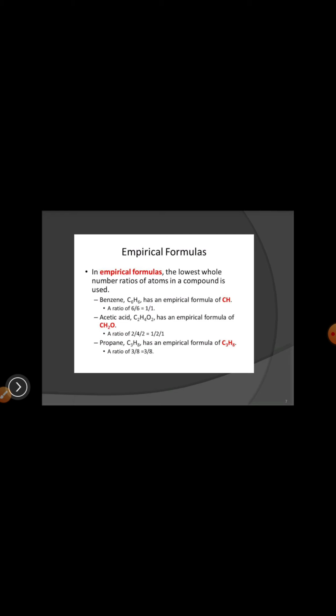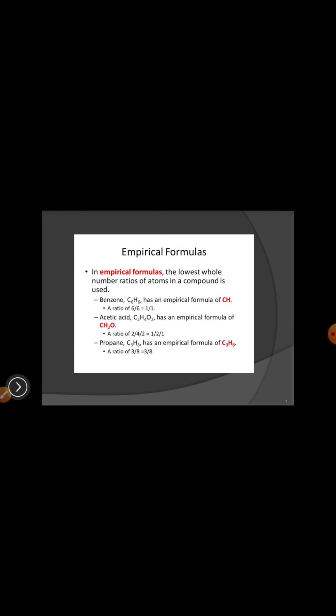So we cannot convert propane into simpler numbers. The empirical formula for propane is the same as the molecular formula. So you now understand what the empirical formula is and how it can be written.